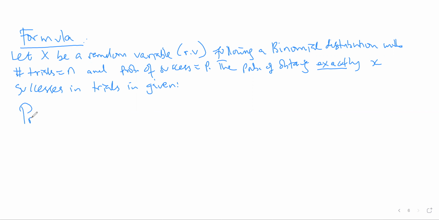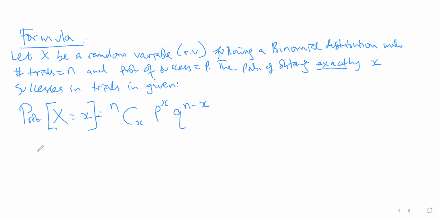The probability that X takes exactly the value X is given by N combination X, p to the X, then q to the N minus X.